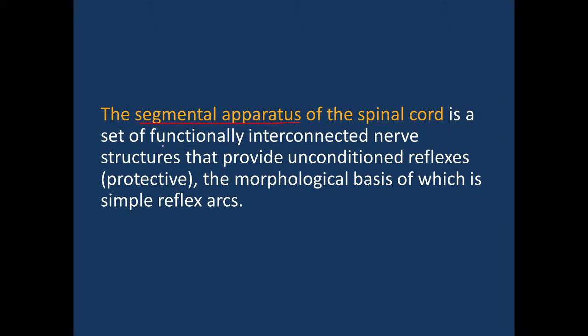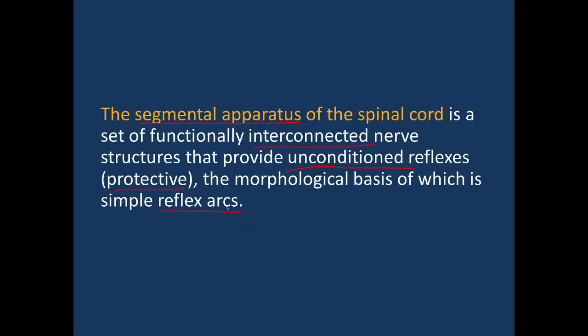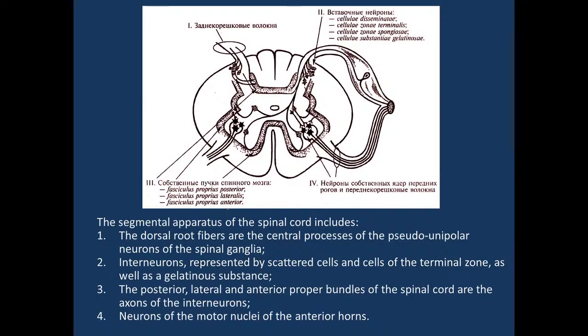It is a set of interconnected nerve structures, and they provide unconditioned reflexes, usually protective reflexes, and the morphological basis of these reflexes is the reflex arc. I show you the reflex arc. This is the reflex arc, and this is the morphological basis of such reflexes.